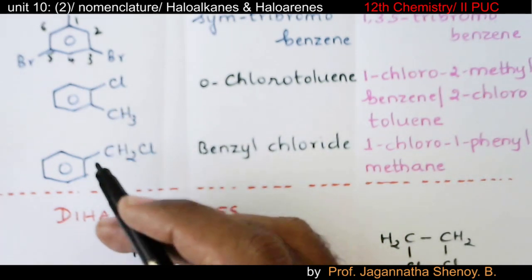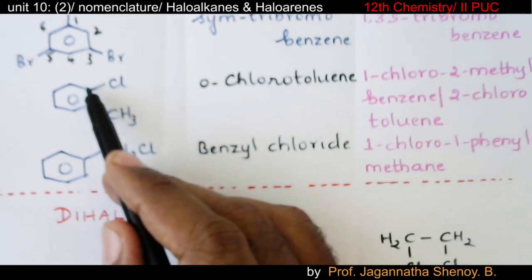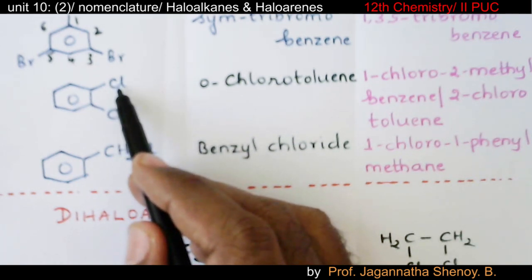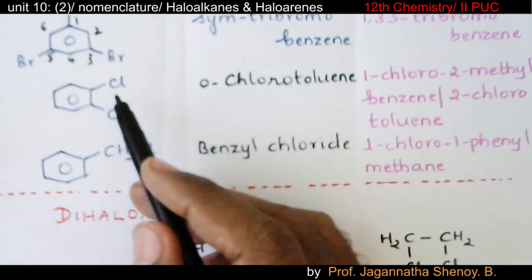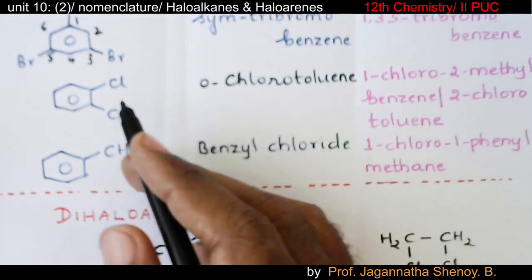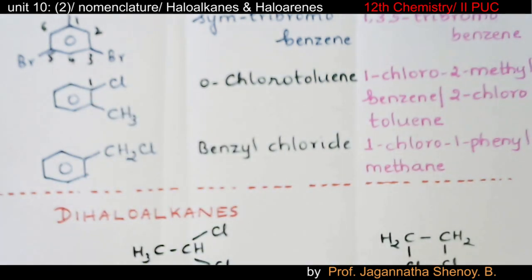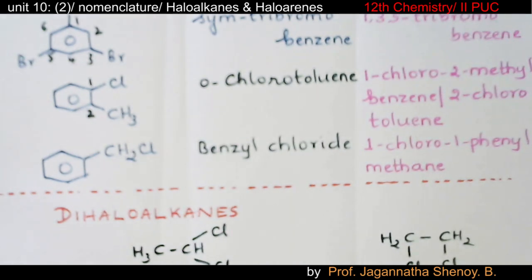the equivalent position rule. According to the equivalent position rule, the carbon atom that carries the group that comes alphabetically first should get the lowest number. Now, between the chloro group and the methyl group, the chloro group comes alphabetically first. That's why the carbon atom carrying the chloro group should be number 1, and the carbon atom carrying the methyl group should be carbon atom number 2.